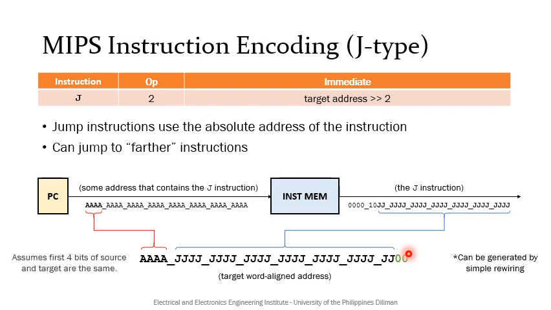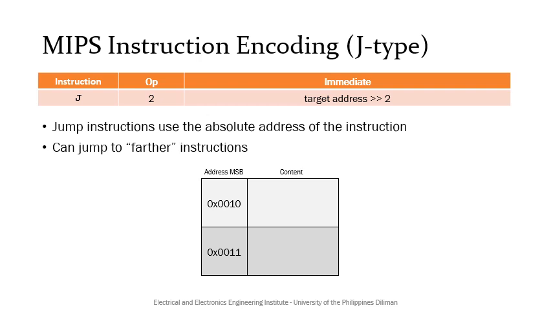One thing to note is that since the jump instructions can only encode 26 bits of immediate, it must therefore assume that the first 4 bits of the target address must be the same as those of the PC. This means that if a jump instruction is at address space 0x0010, meaning its address MSB is 0010, then it can jump to any instruction within the 0x0010 space, which is quite wide.